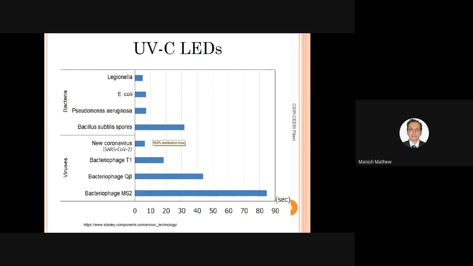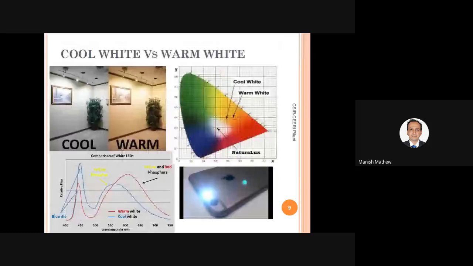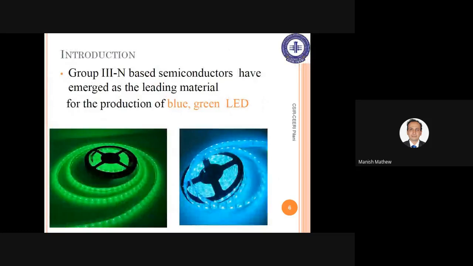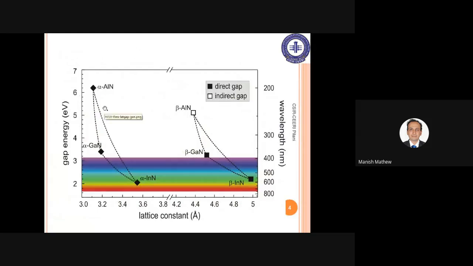The thing is, what I said is the band gap. We can go higher, it's not a problem, but the band gap comes into play here. If we look here, 265 is coming somewhere here.